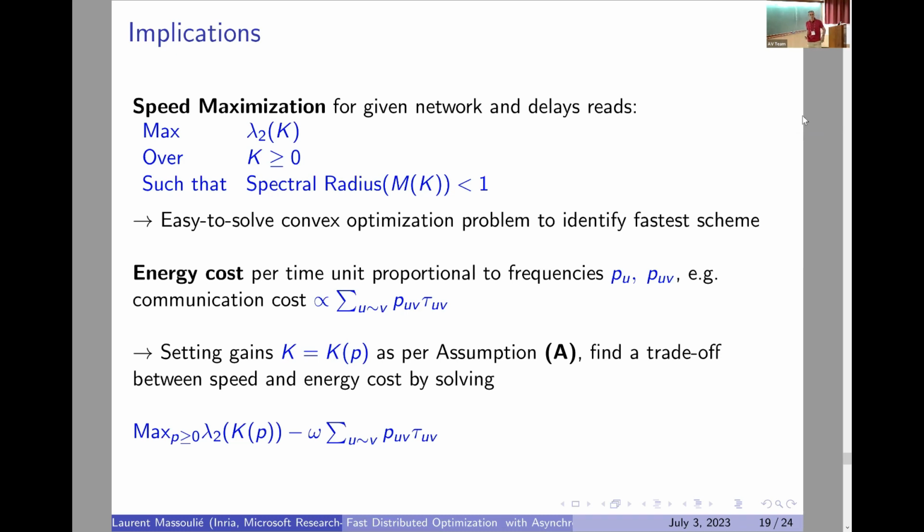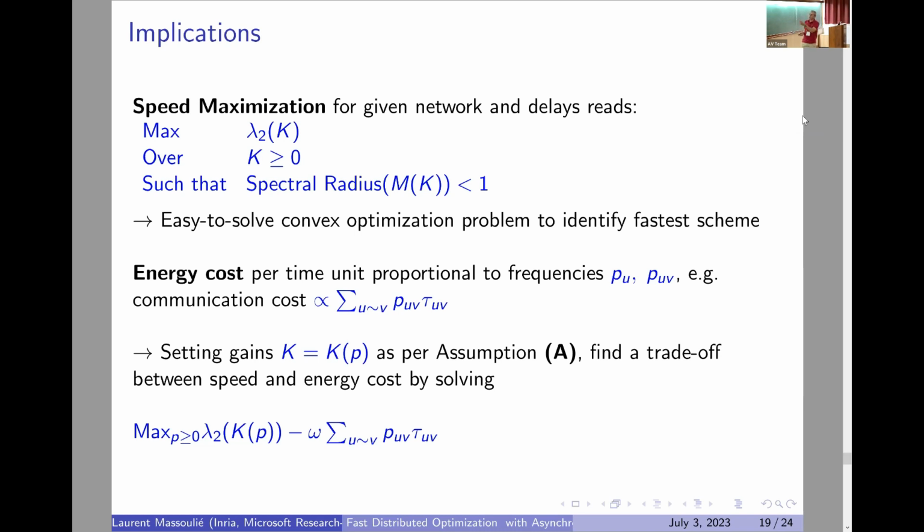So what you could do is try to trade off speed for energy. And so that makes for another strategy. This is what I'm describing here. You could set your gain parameters K according to this assumption A, and then try to maximize over the activation frequencies P the speed, lambda2 of this Kp, minus something that captures the energy cost.